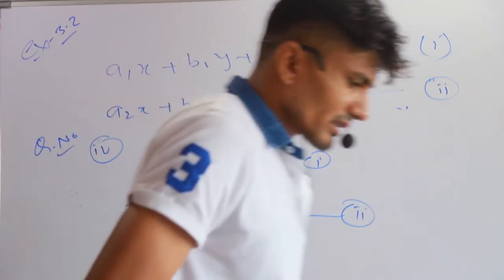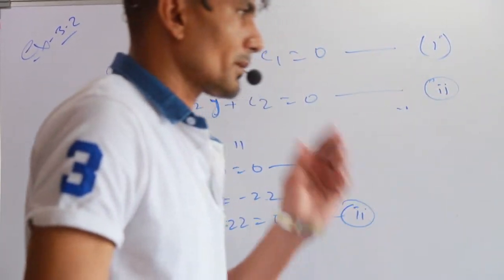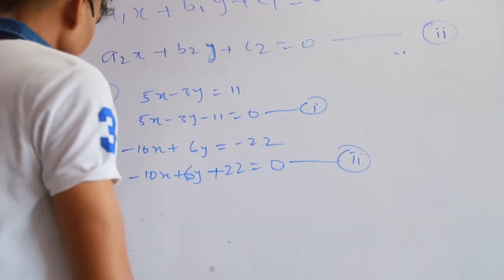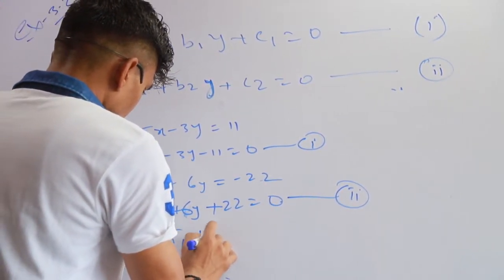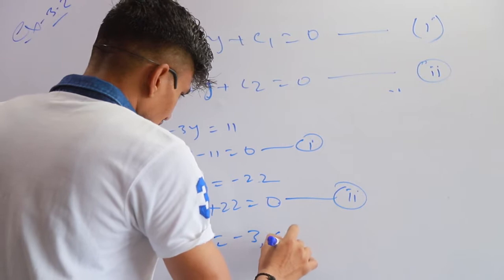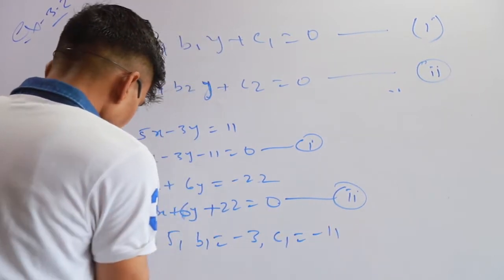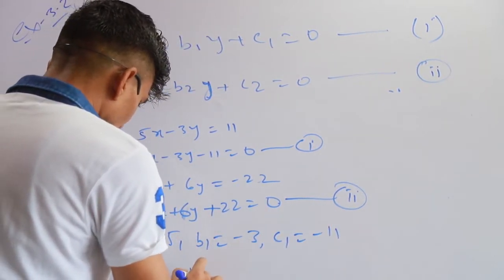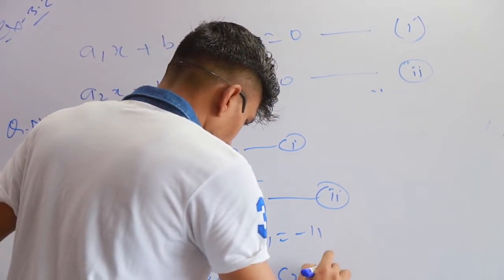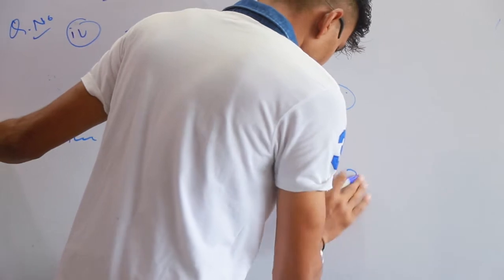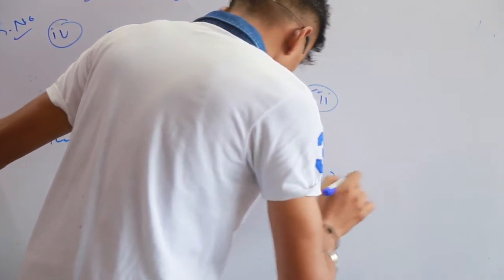Now we have to check how many solutions and which type of solution the linear pair of equations has. Here a1 is equal to 5, b1 is equal to minus 3 and c1 equal to minus 11. a2 is equal to minus 10, b2 is equal to 6 and c2 equal to 22.